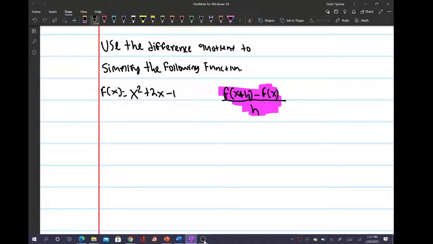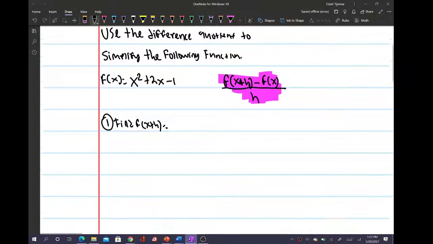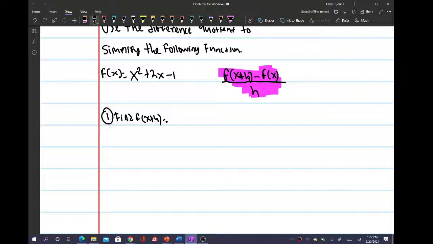Now, one of the first steps is to find f of x plus h. Now remember, anything that I put into my function, or anything that I put inside these parentheses here, I have to plug in for x, right?